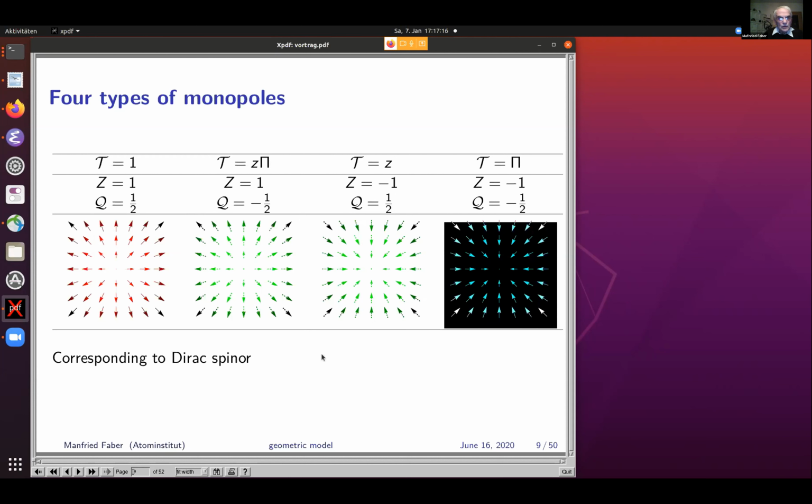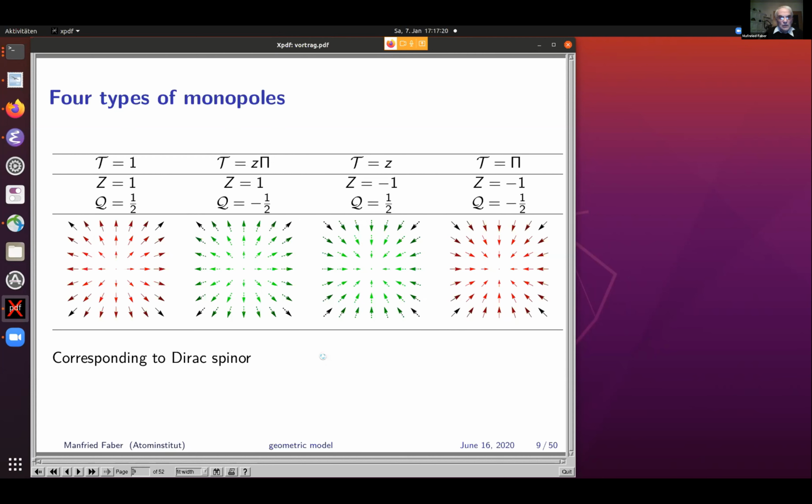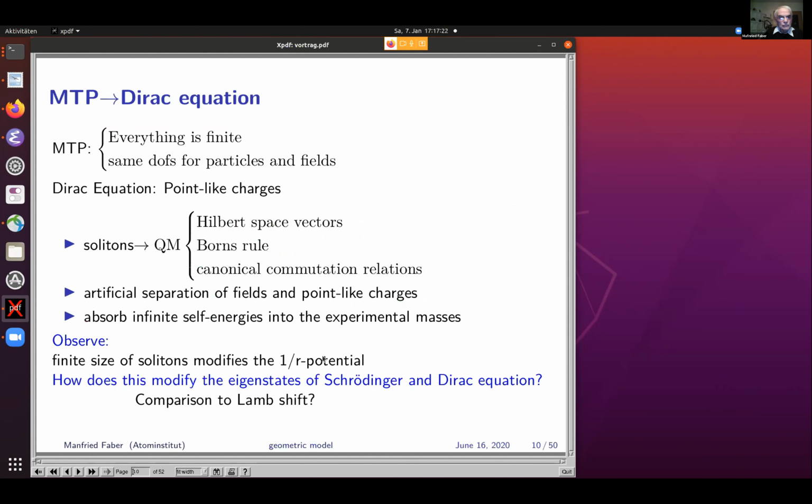So these 4 solutions correspond to the 4 solutions of a Dirac spinor. I don't have time to discuss it. Of course, in order to get the Dirac equation, I need to accept the rules of quantum mechanics. This means vectors of Hilbert space represent solitons. I have to accept Born's rule and the canonical commutation relations, and then I can come to the Dirac equation.